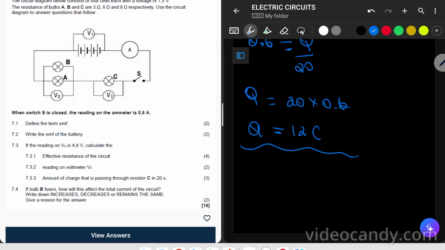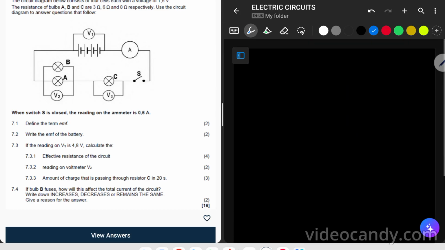So if they mention the aspect of fuse, they refer to the fact that, for example, bulb B might be removed as a resistor in this instance. And as it is removed as a resistor, what will happen to the total current of the circuit? So, removing one resistance, what effect would that have on current?